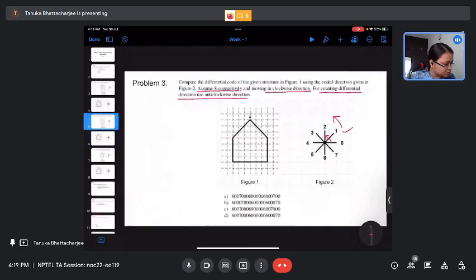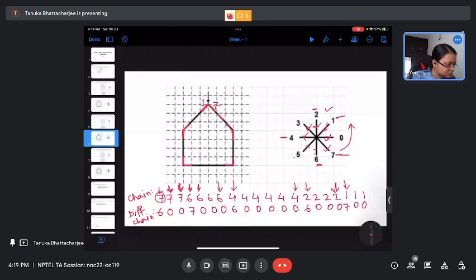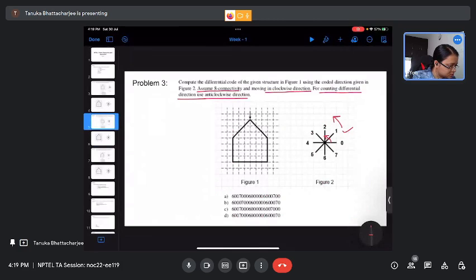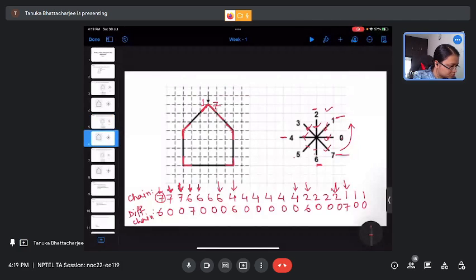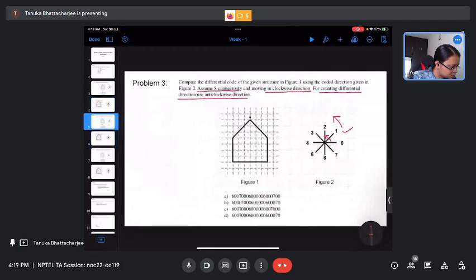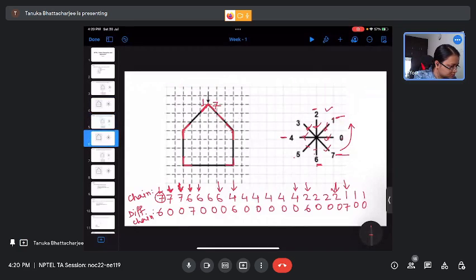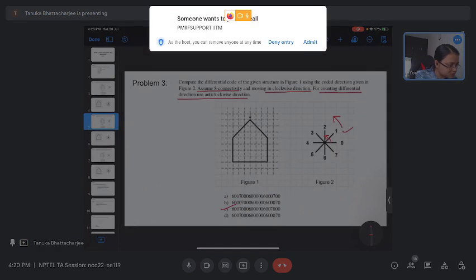So, to see in these options, this will be option C only. Oh no, sorry.